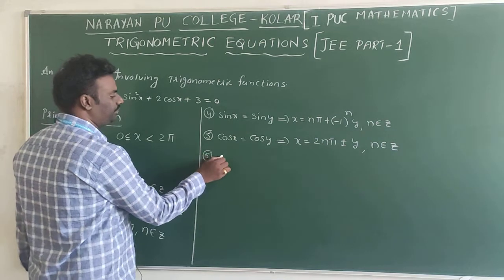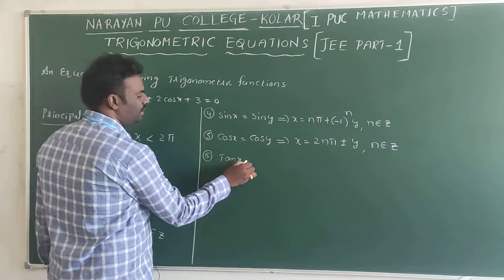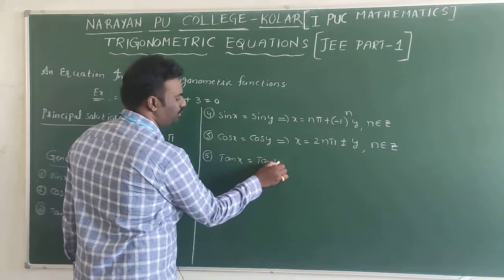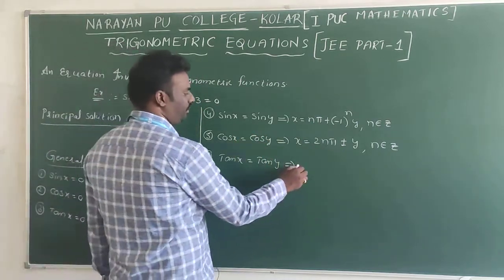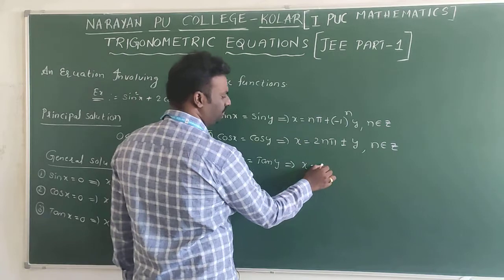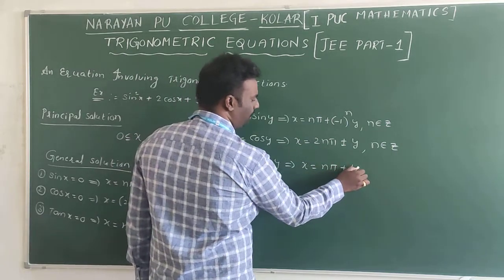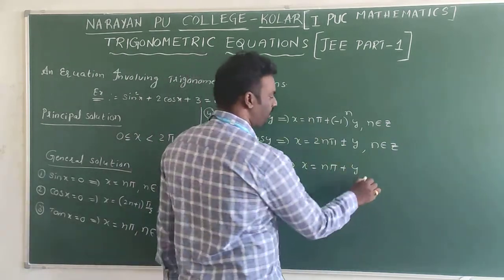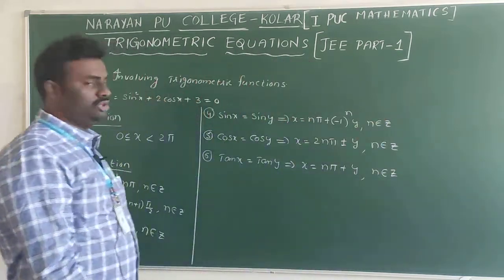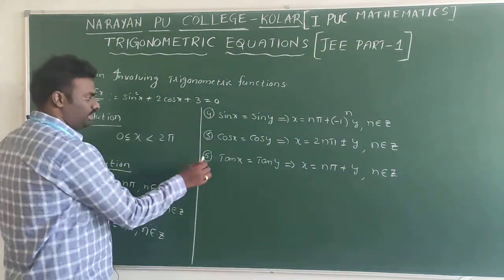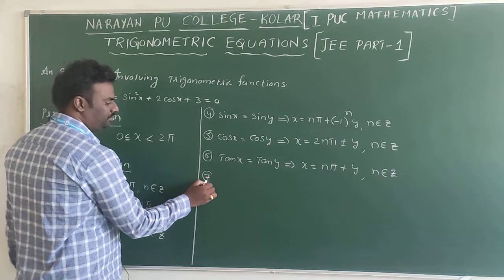Sixth, if tan x equals to tan y, then x is equal to n pi plus y, where n belongs to z. So these already we discussed in PU.